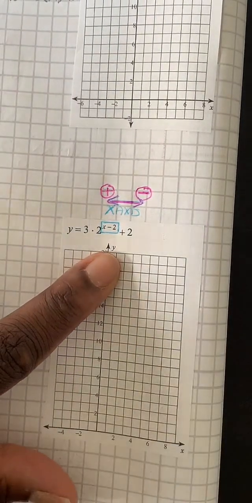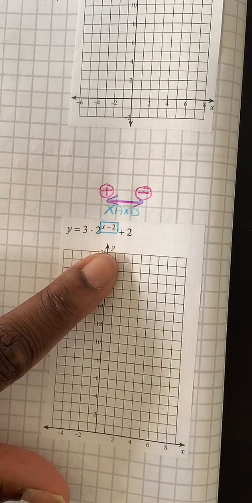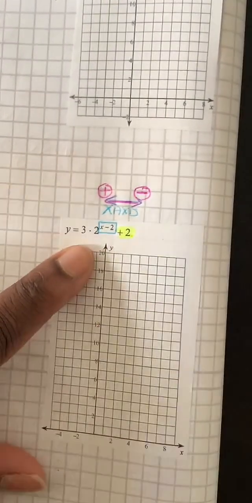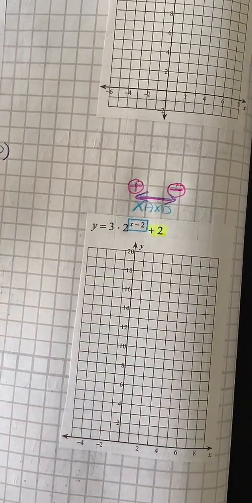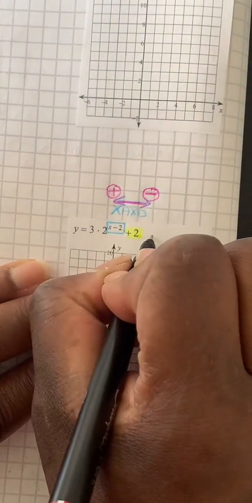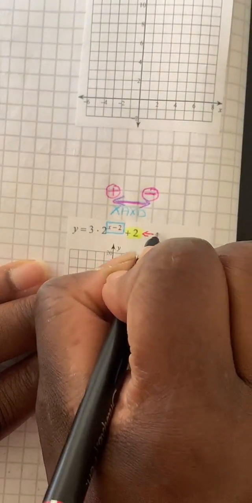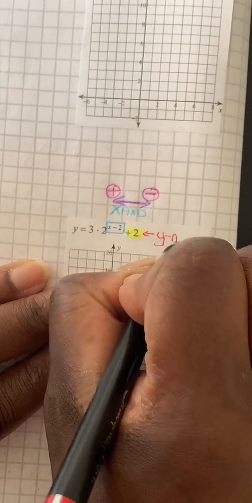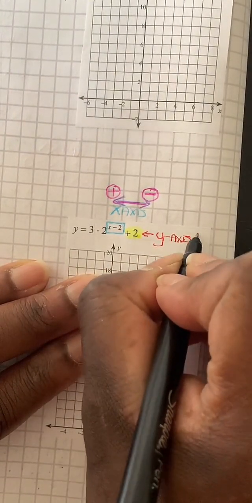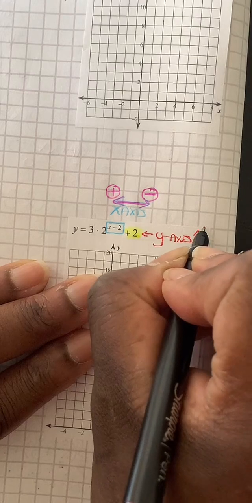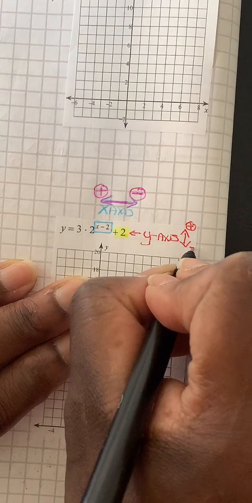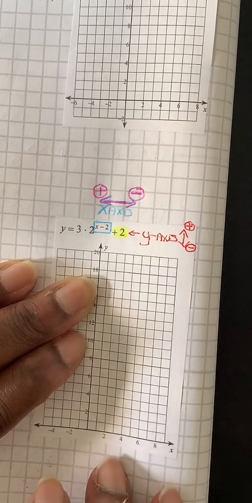Over here now, that is your movement up or down. So this is dealing with your y-axis. And you're either going up or down. If it's positive, you're going up. If it's negative, you're going down.